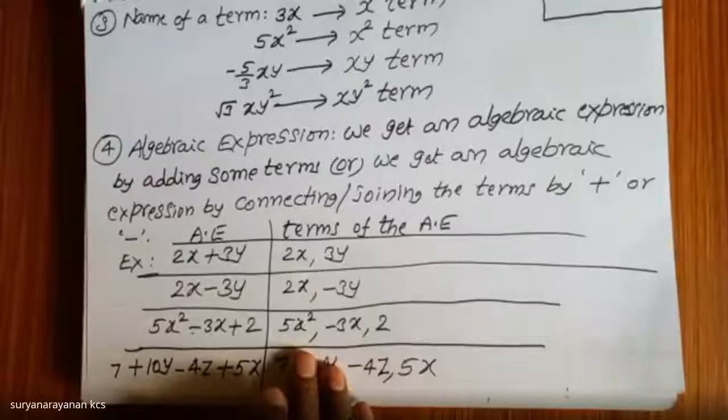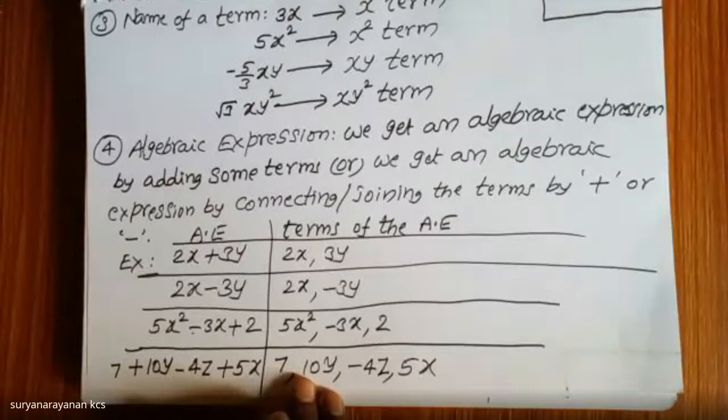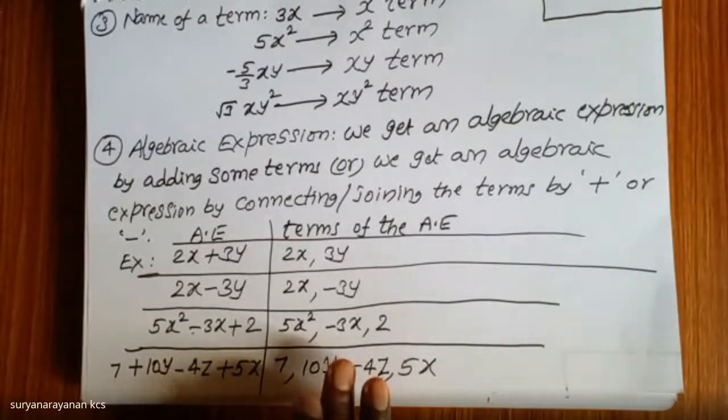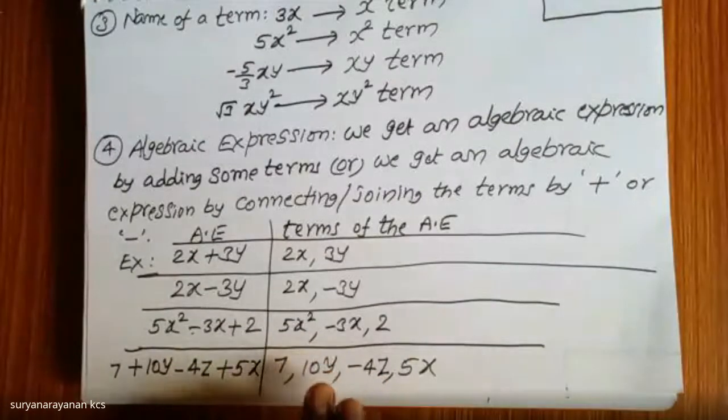If an algebraic expression or a polynomial is given, both are very close to each other, algebraic expressions and polynomials. I will tell you what is the difference between algebraic expressions and polynomials.